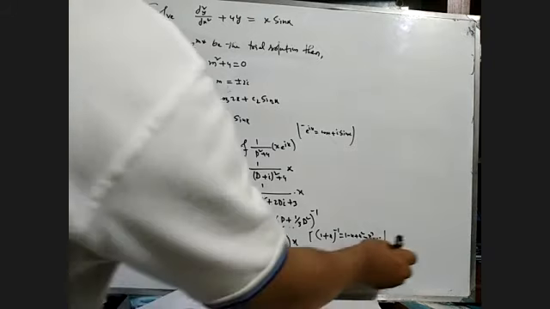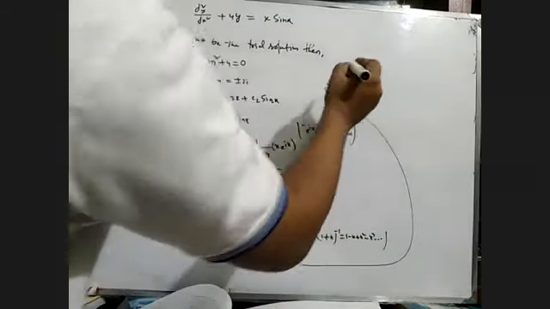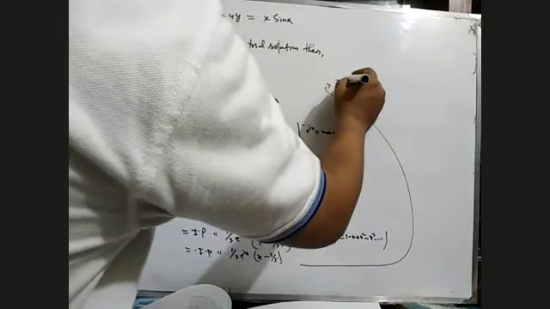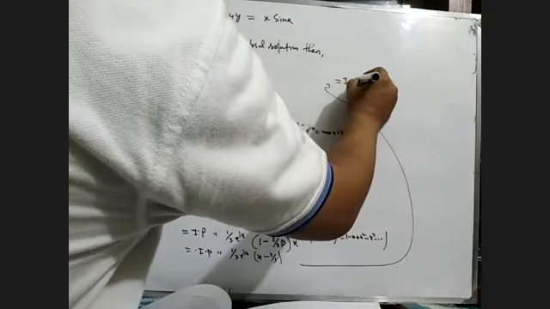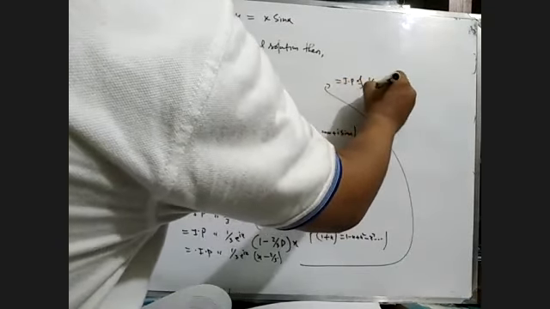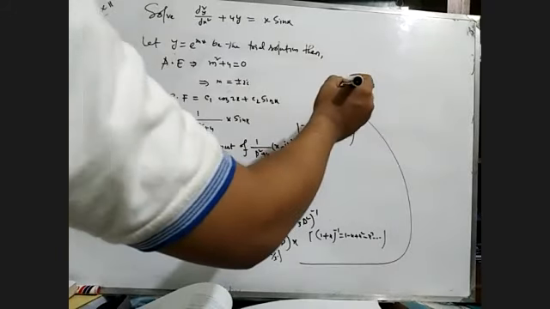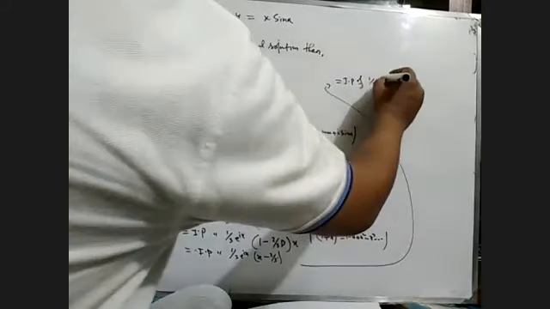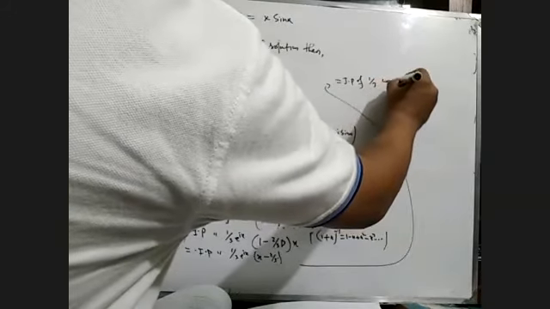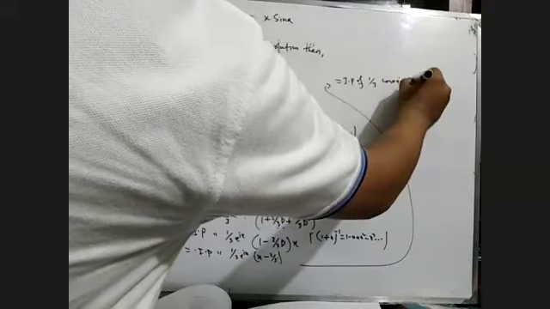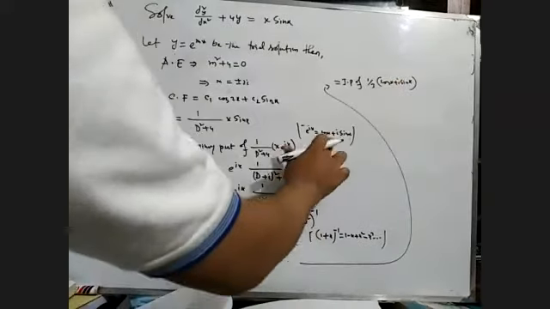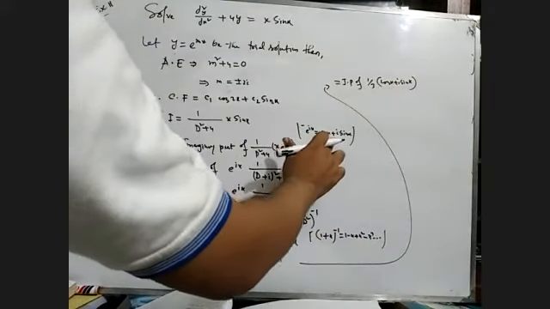So after this line, you can write the imaginary part of 1 by 3 e to the power ix. E to the power ix means what? Cos x plus I sin x.